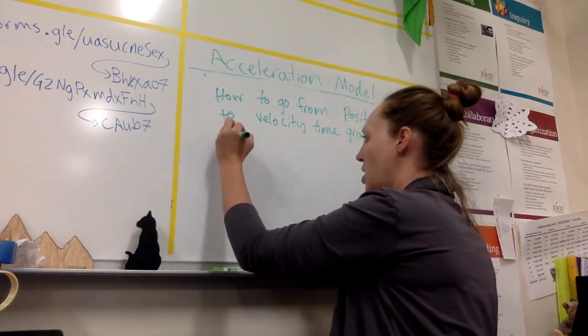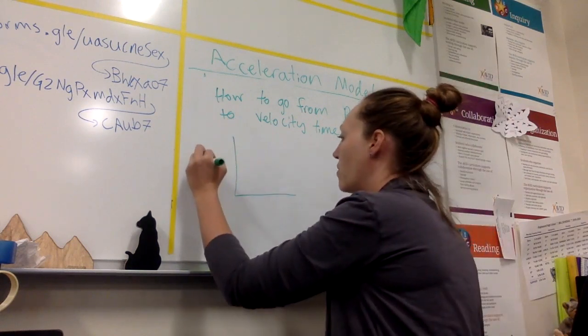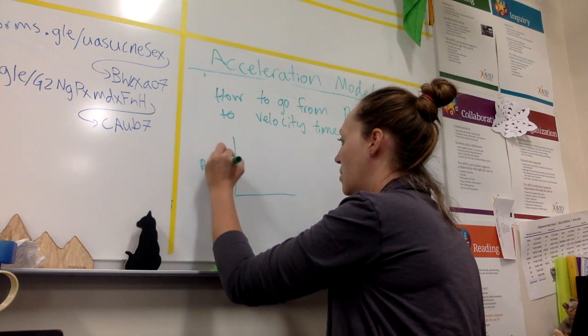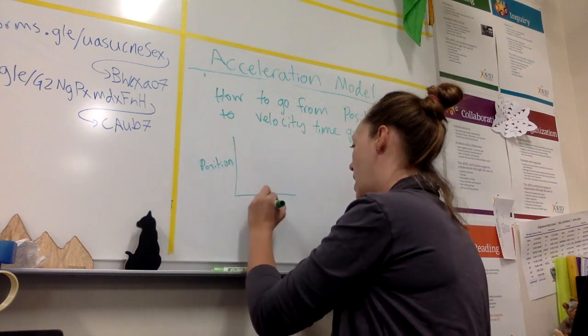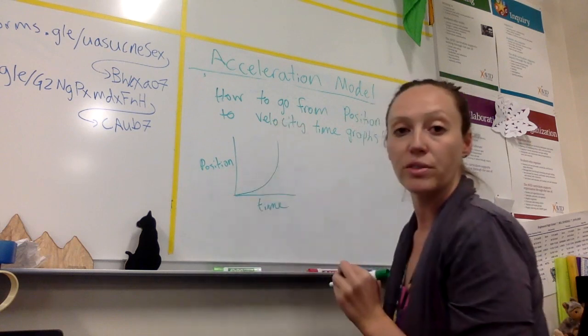So let's start out with this example because we've already seen it before. We've got position, we've got time, and we've got some acceleration, so it has this nice curve.